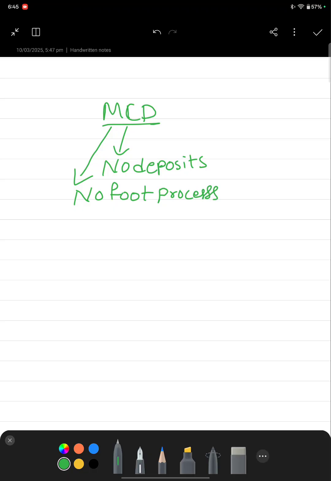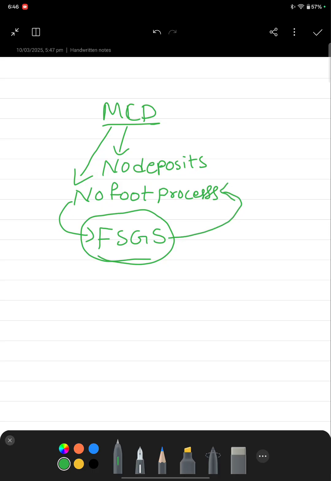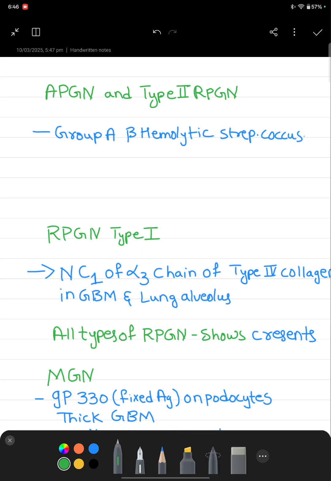Apart from MCD, the foot process is also absent in one more type, that is FSGS. Even in FSGS there is no foot process, but depositions are present in the mesangium. Let us learn about the contents of the depositions.